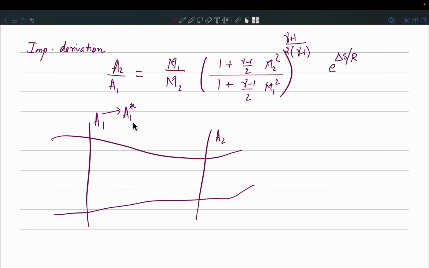Whatever is the flow condition at A1, if I bring it isentropically to M1 equal to 1, then I'll get A1 star. So you have that A by A star relation. You remember that? Okay. Then similarly I can also take A2 to A2 star.